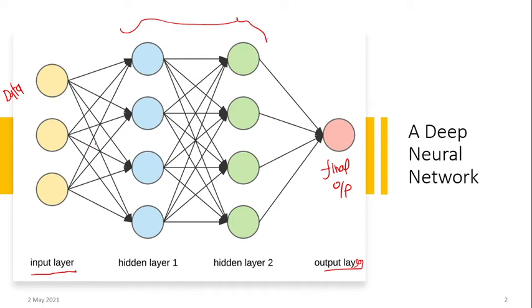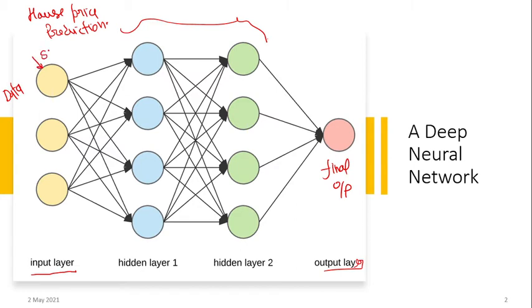Now let's take one example here. Initially, let me say I want this neural network to do house price prediction. In this case, let's say I have three features.